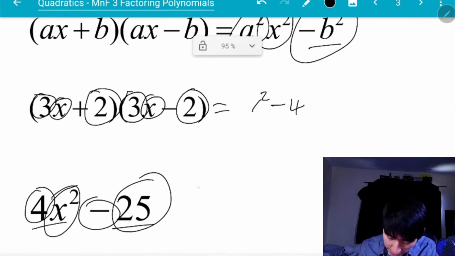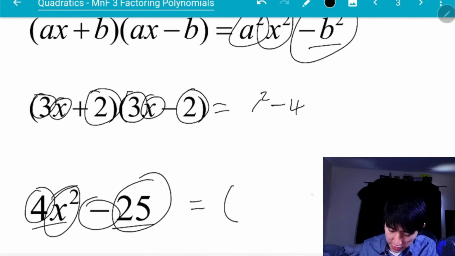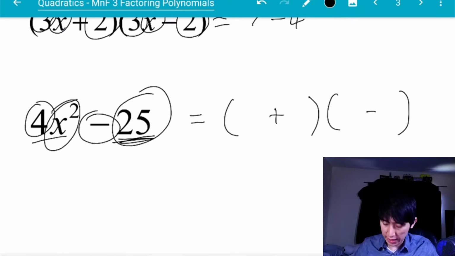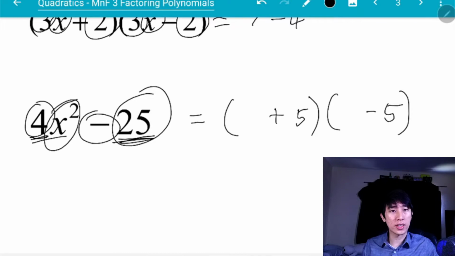According to my pattern, this should factor into something like this, where one is plus, one is minus. And we say, okay, what is 25 the perfect square of? 25 is the perfect square of 5. It's 5 times 5. So we're going to just set that up. 5 and negative 5. And what's 4 the perfect square of? The answer is 2. And then finally, x splits up into each of them individually.